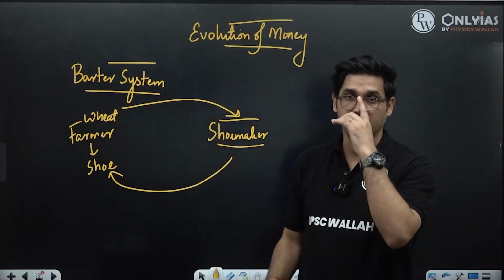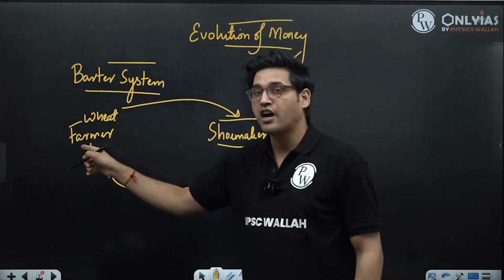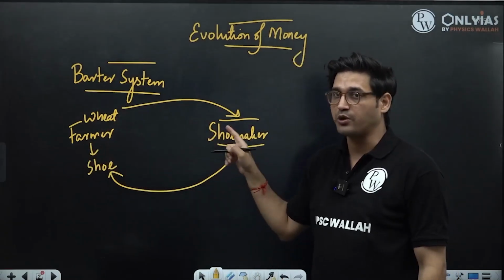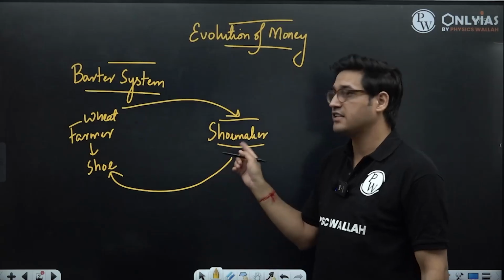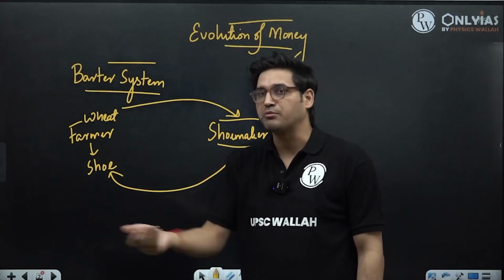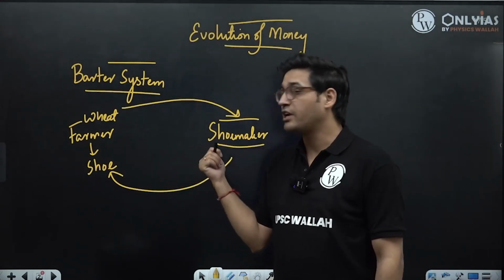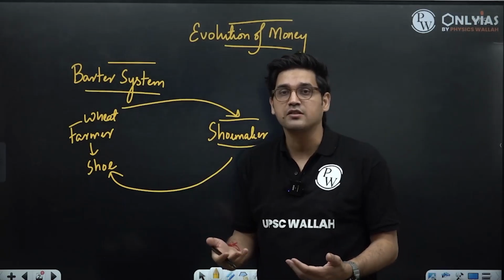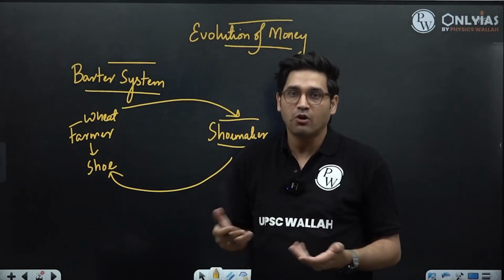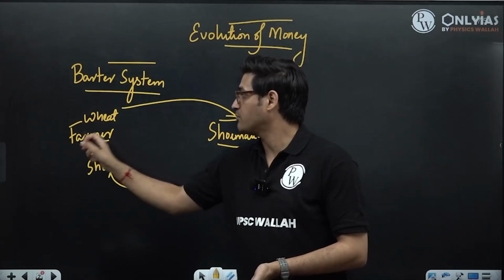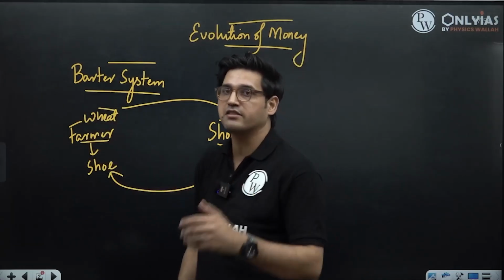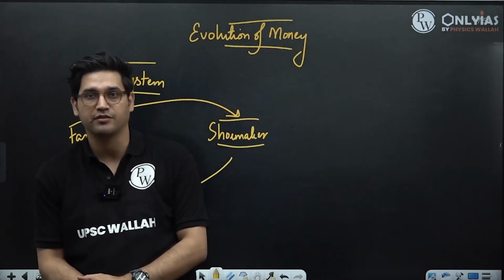What does it mean? It's a very, very simple thing. I as a farmer go to the shoemaker. I ask of him, do you have the shoe fit to my size? He says yes. I ask him to give me the shoe. But the shoemaker is going to ask me, what is it that you have that I may want? And I will tell him that I'm a wheat farmer. Maybe you require some wheat because you want to feed yourself.